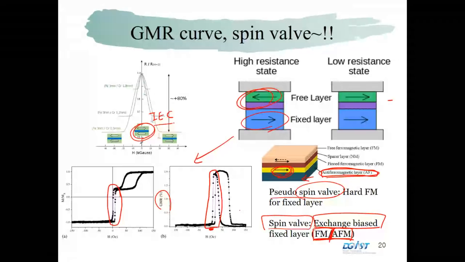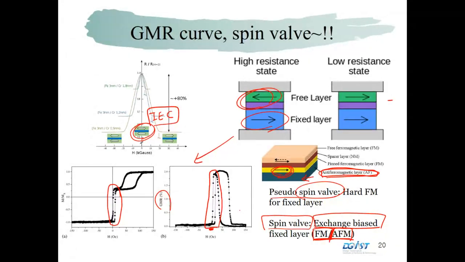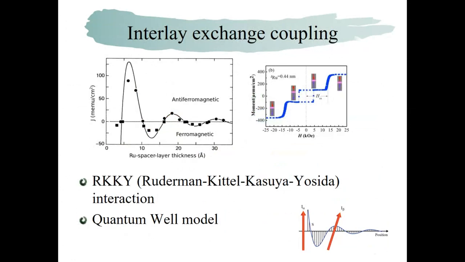And I'm going to explain what the interlayer exchange coupling is, which prefers the antiparallel coupling between two ferromagnetic layers. I hope all students can remember the RKKY interaction, which I gave in the quantum mechanical fundamentals of magnetism, maybe part 5 something.